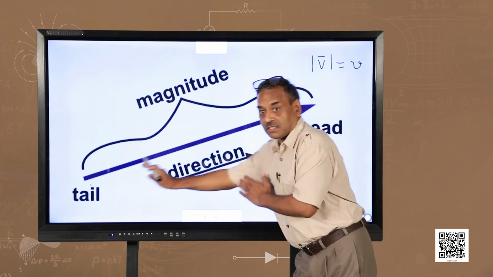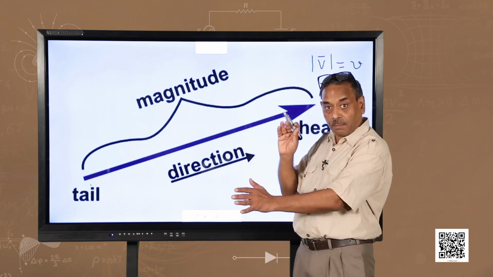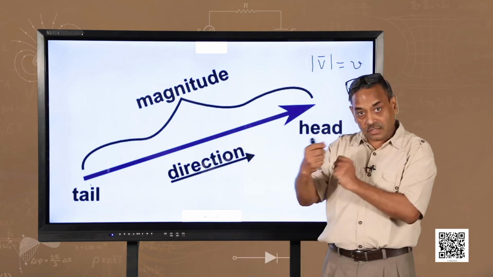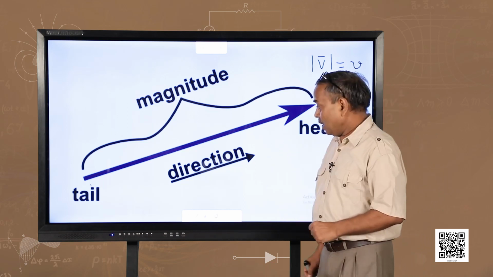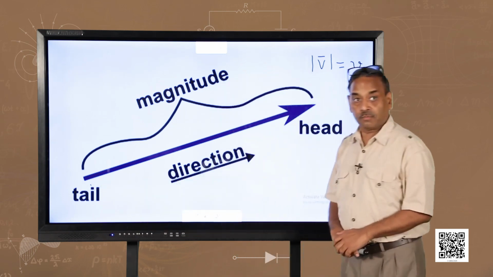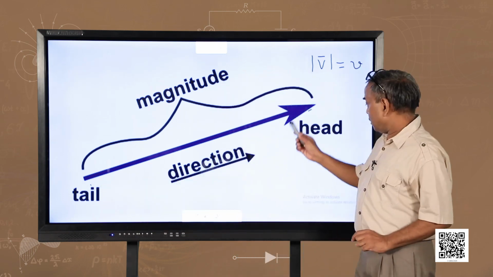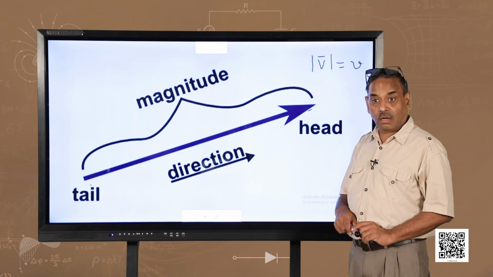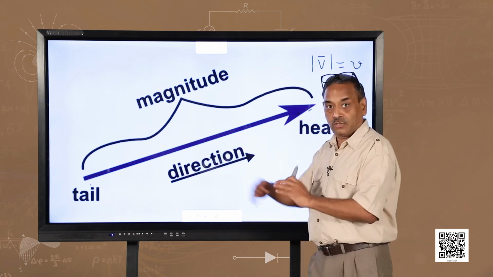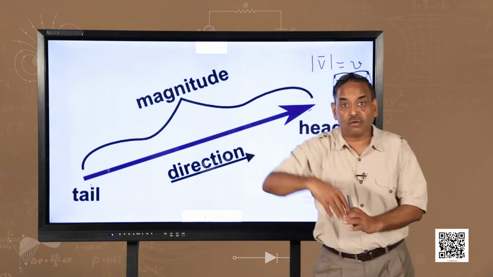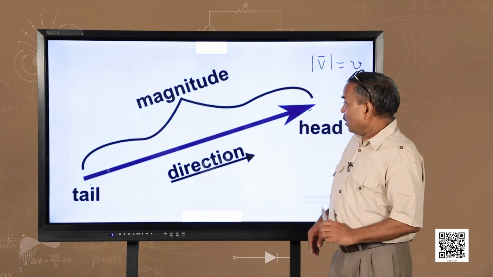How long it is tells you, comparatively, whether it is a large vector or a small vector. The tail tells you the starting point, the head tells you the final point, and the arrow tells you the direction of motion.